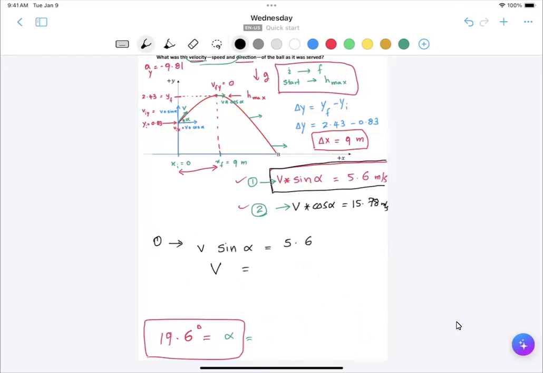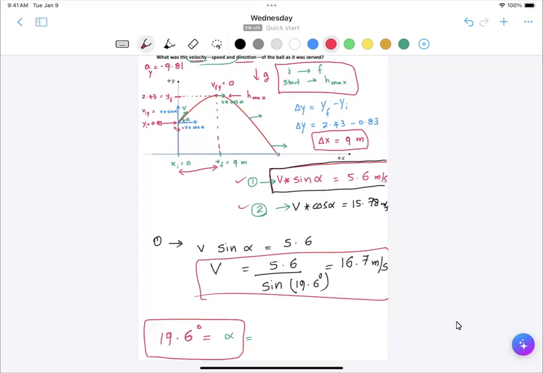So v equals 5.6 divided by sine of the angle 19.6 degrees. You will get v equal to something around 16.7 meters per second. The problem is asking how much is v? There we go, we have the v number. How much is the angle? There we go, we have it.